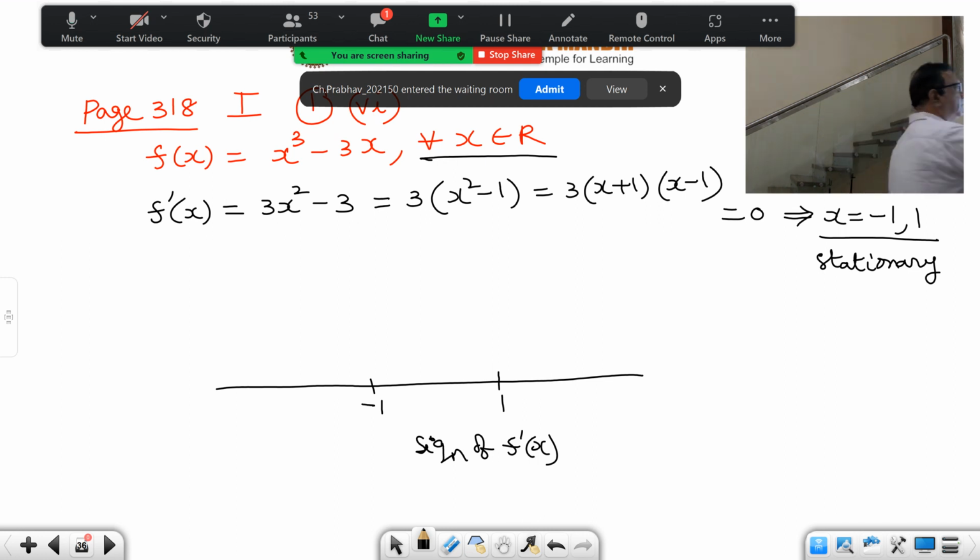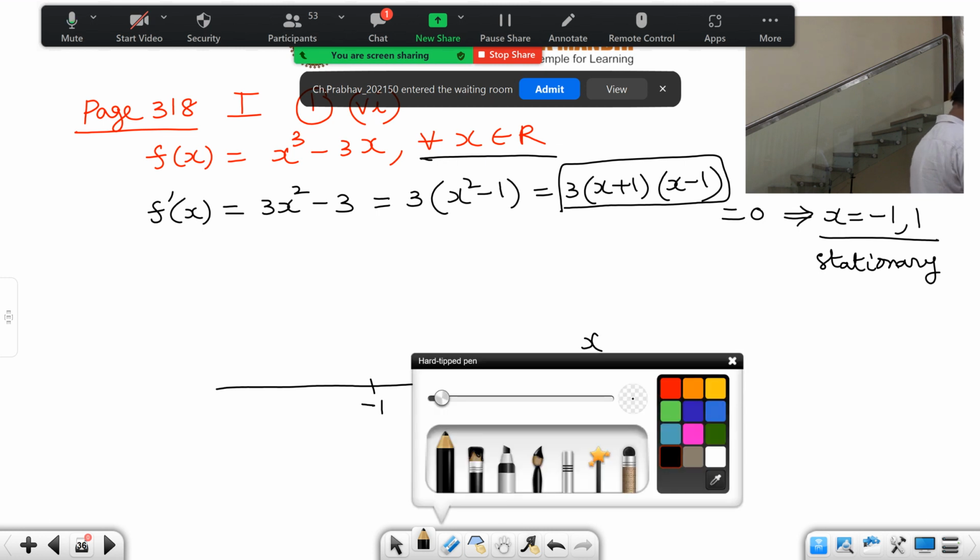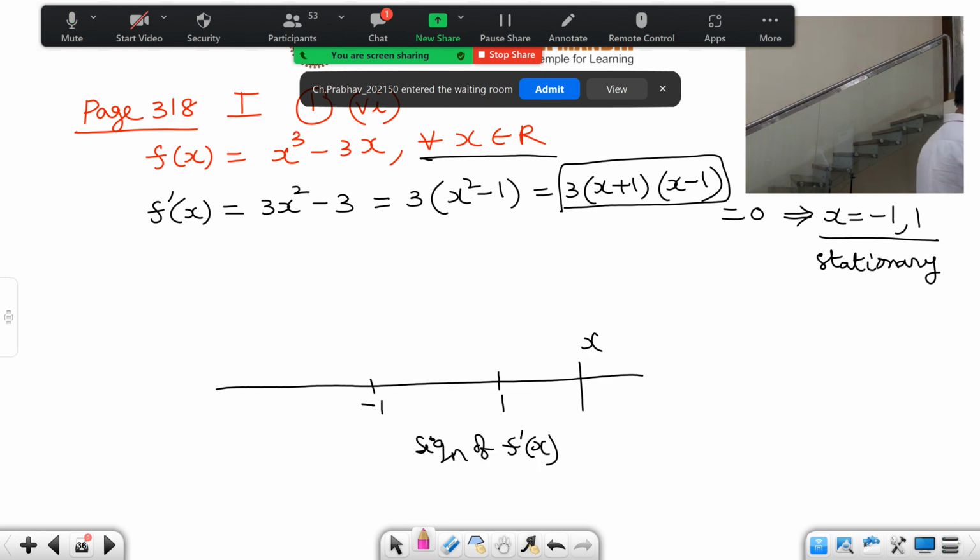So f dash x is 3 into x plus 1 into x minus 1. Suppose x is here, then x minus 1 is positive, x plus 1 is also positive, positive into positive, positive. So you will get a positive sign here. Alternately you will get next negative sign, next positive sign.